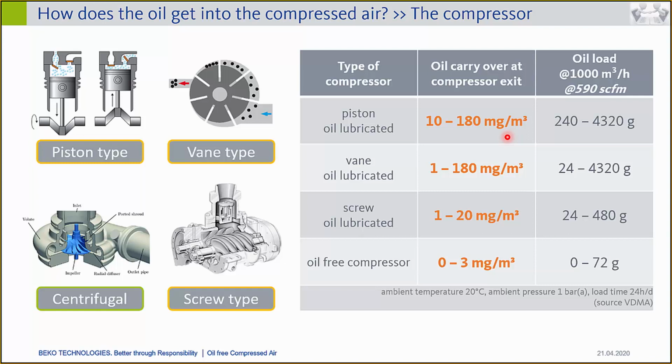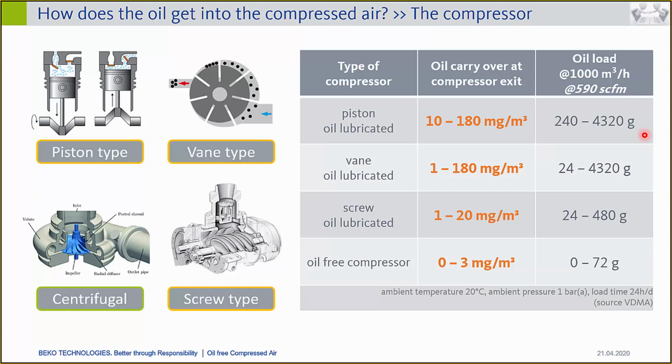The column on the right is just to give you a feeling: in case you have a 24/7 load time per day, you have that amount of oil carryover into your compressed air system. That means that is also the amount of oil that the compressor will lose. So in a couple of days, you need to put some more new oil into the compressor.